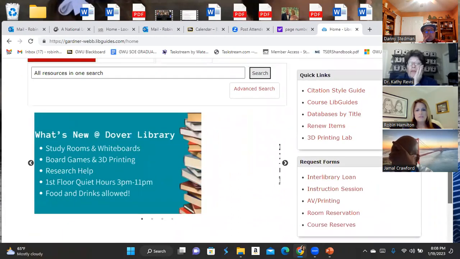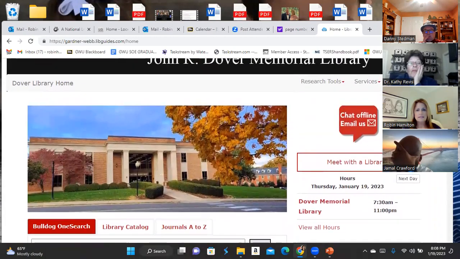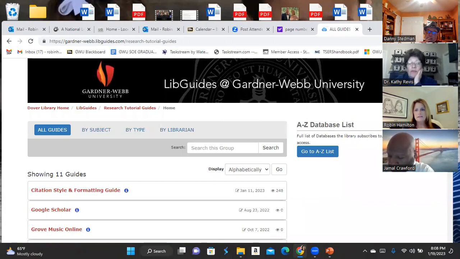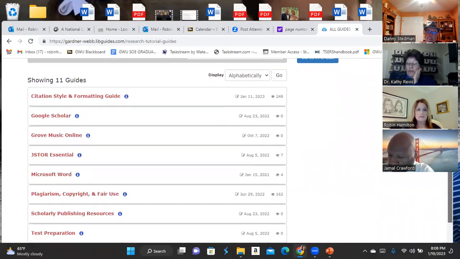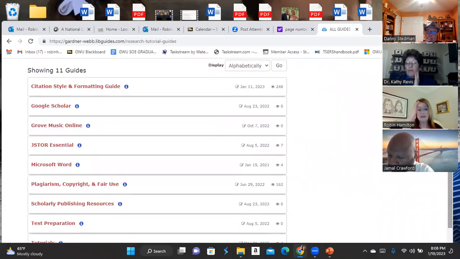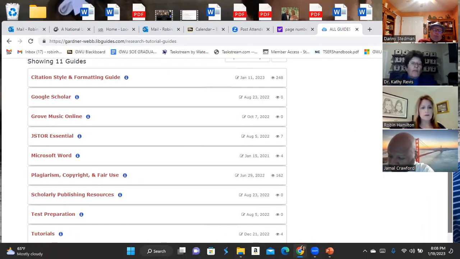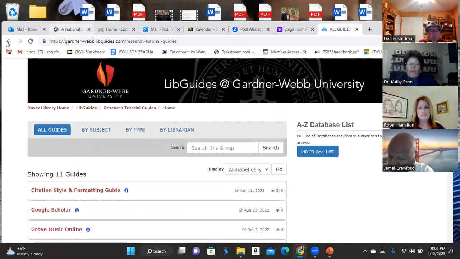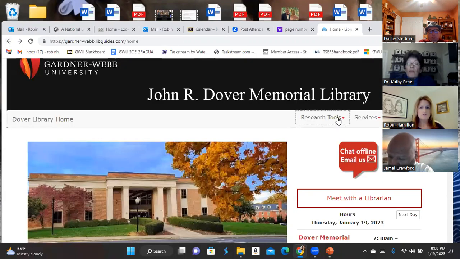So there are all kinds of things here that you can access. Research tools. So like tutorial guides is here. Like again, citation style formatting, Google Scholar. All kinds of tools there that you can use as a database that is at your disposal.